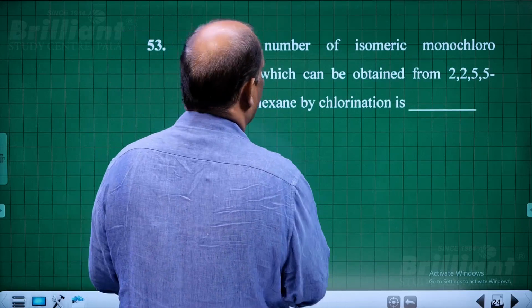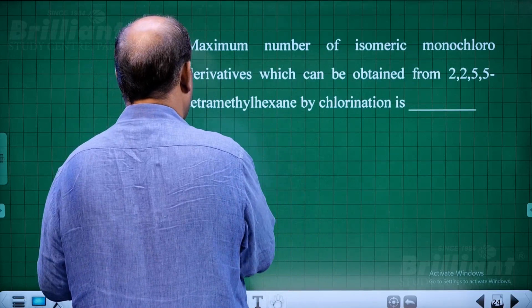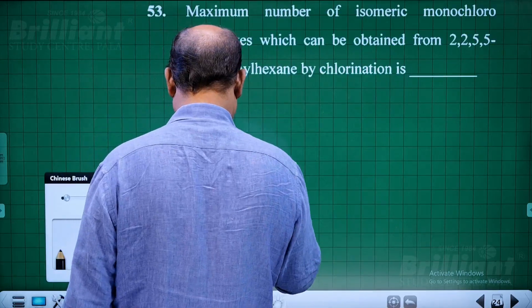Maximum number of isomeric monochloro derivatives which can be obtained from 2,2,5,5-tetramethylhexane.